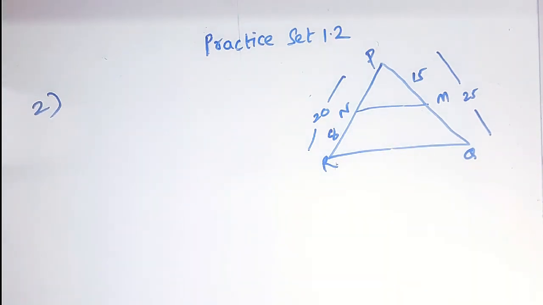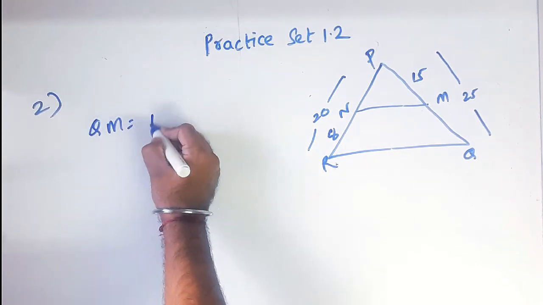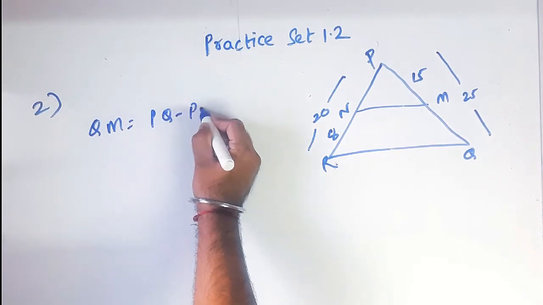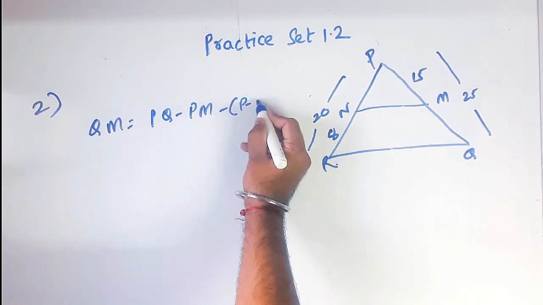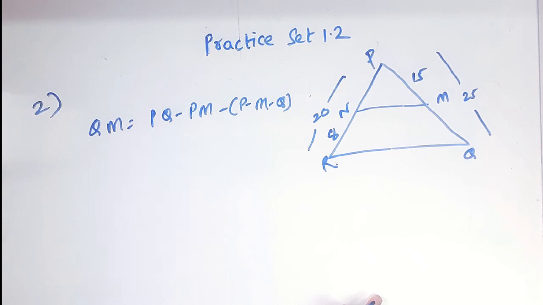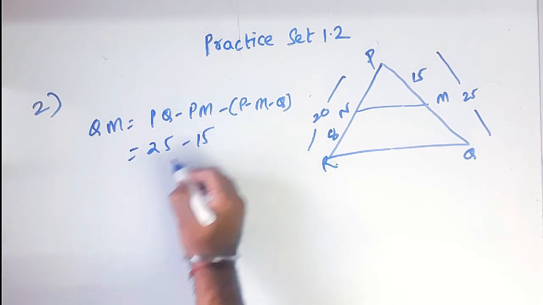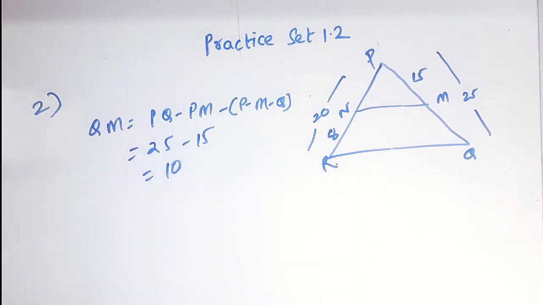Okay, so how will you find that QM? I'll find QM is equal to PQ minus PM. Why? Because they are collinear. P, M, Q, all three are collinear. So PQ is 25 minus 15, 10.